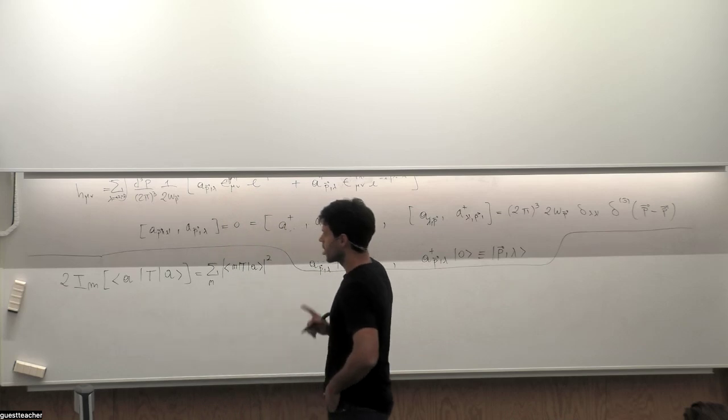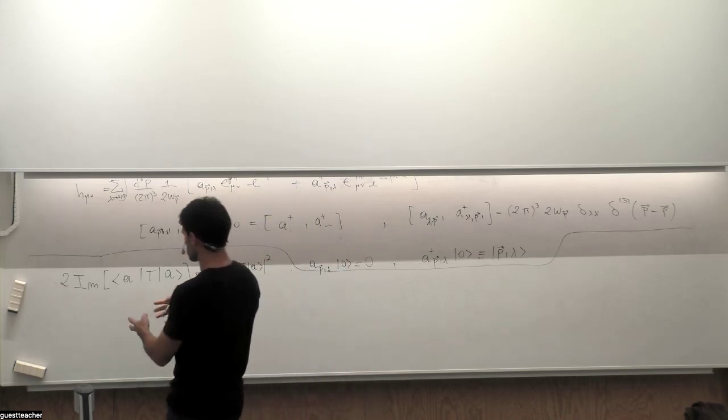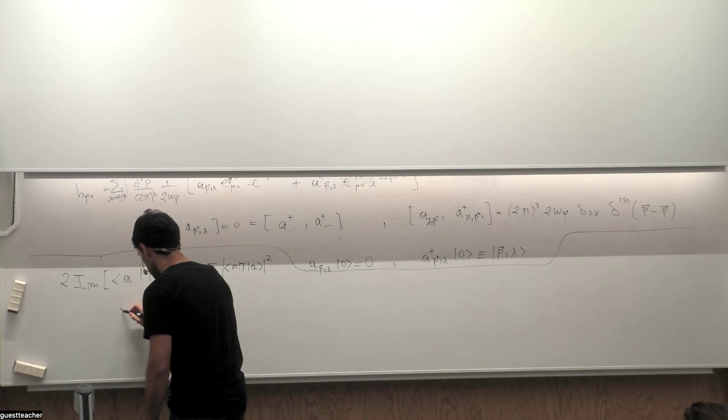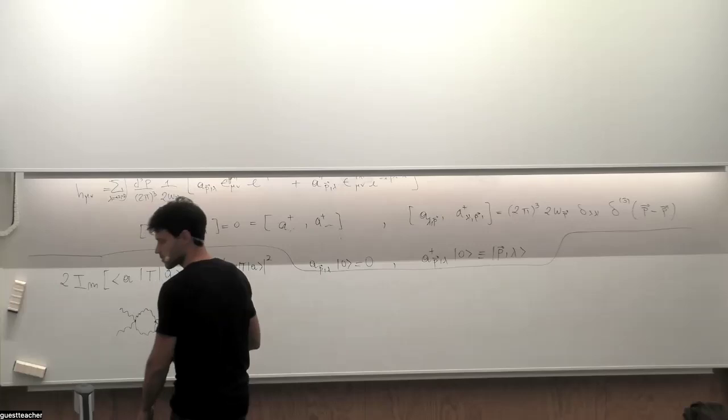Okay. And you see, one way to write it diagrammatically, for instance, let's suppose you take just a one loop diagram. Let's say you want to compute the imaginary part of this loop diagram.